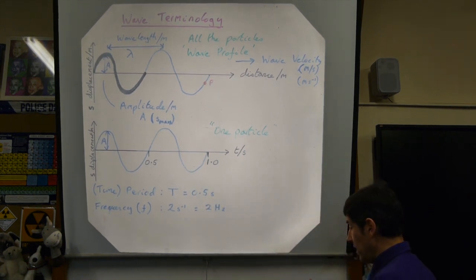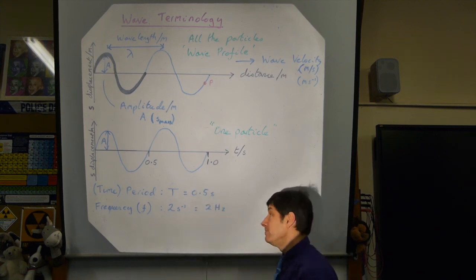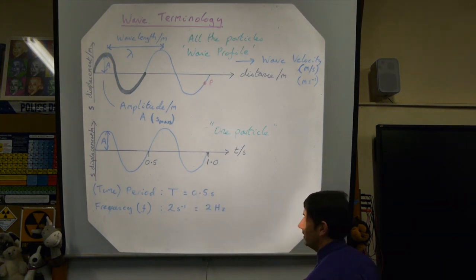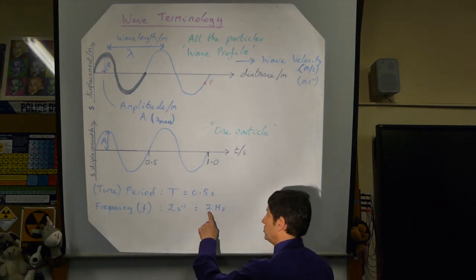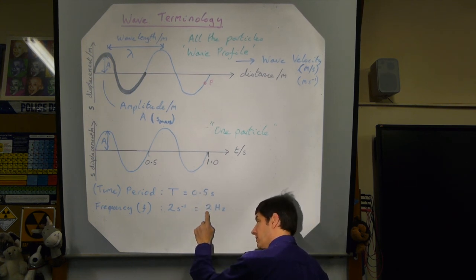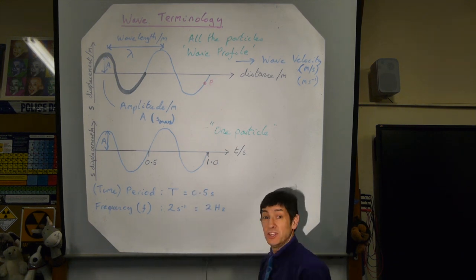Now, finally on this, you'll notice, if you don't remember, the connection, it's a really important one, between frequency and time period. If you take the reciprocal of 2, you get a half. If you take the reciprocal of a half, you get 2. In other words, these two relate mathematically. They're the reciprocal of each other.